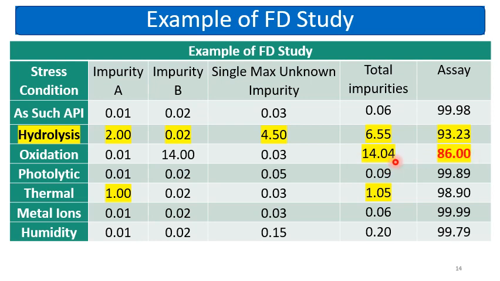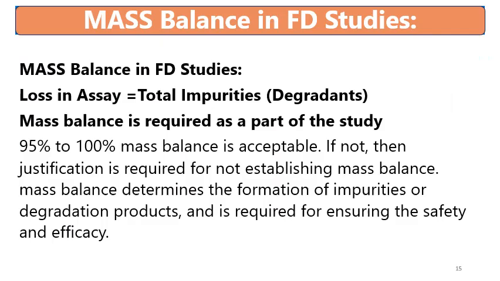So that you can say that the analytical method is stability indicating and degradation is achieved more than the 10%. Then coming to the mass balance, loss in assay is equal to total impurities, that is degradants. So that loss in assay is total impurities.